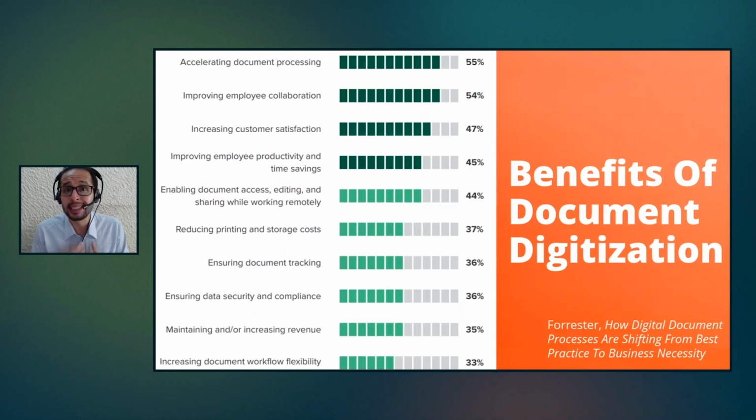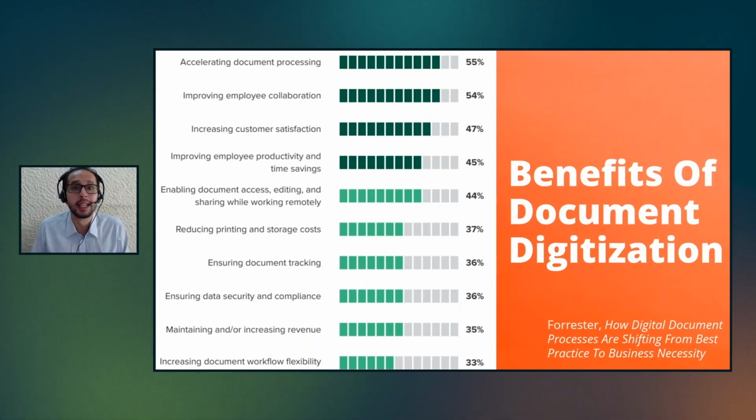These companies were required to take all those documents and split them into different locations, and in some cases even pay for storage outside the city. So printing and storage costs can be really high depending on the amount of documents that you have.